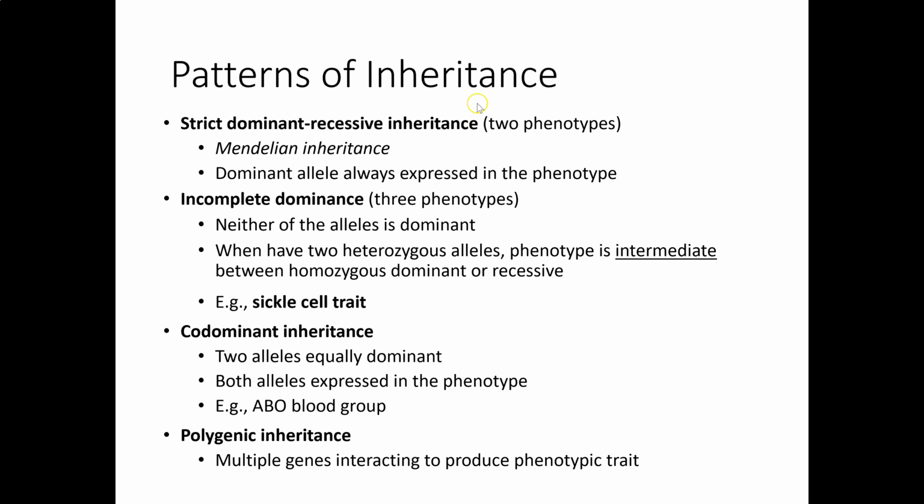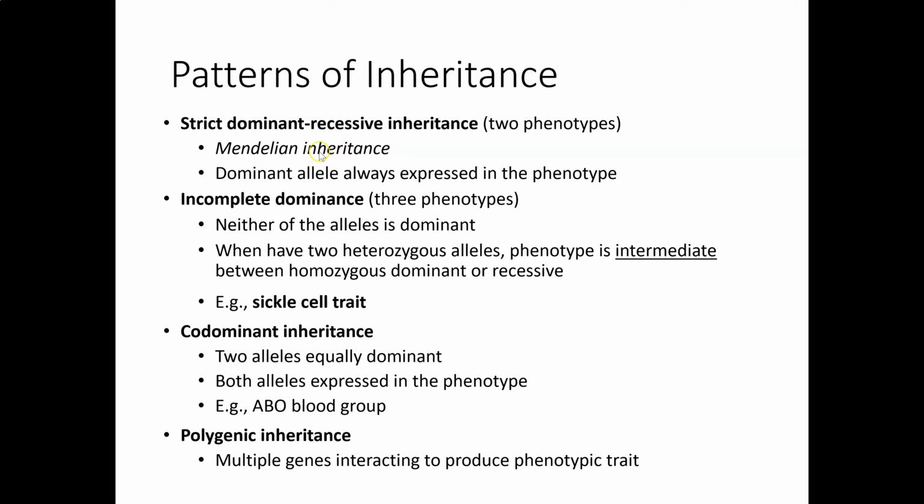For the details, you really need to do the exercise yourself. But here, just to summarize: if you have a strict dominant-recessive inheritance pattern, then, as I said, you have 3 genotypes, looking at the last figure, but 2 phenotypes, because the heterozygous behaves like the homozygous dominant. That's what we call Mendelian inheritance.